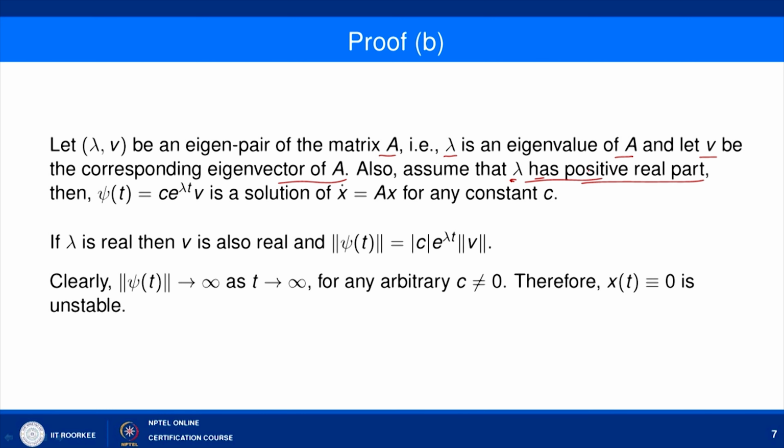Then we can simply find the solution psi t equal to c e to power lambda t into V, which is a solution of x dash equal to Ax for any constant c.